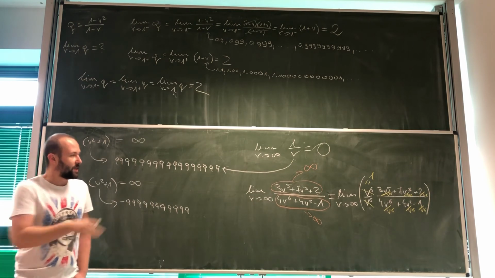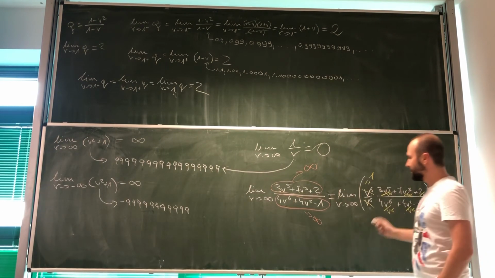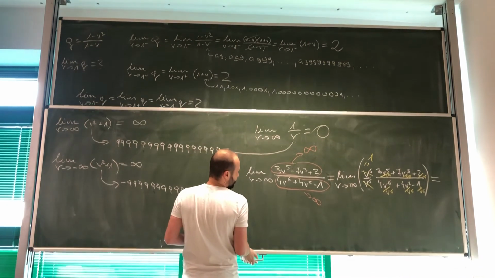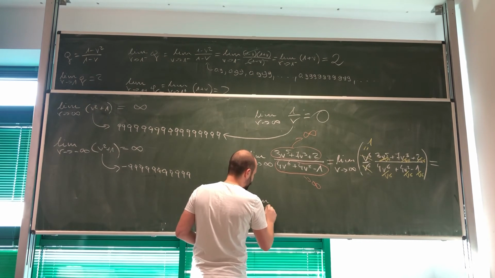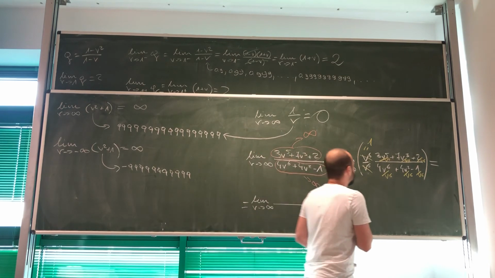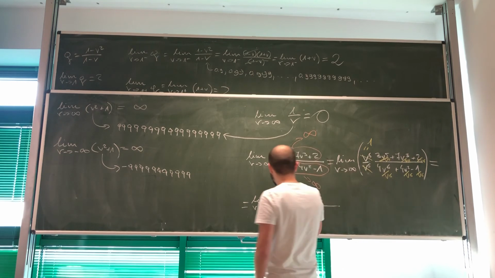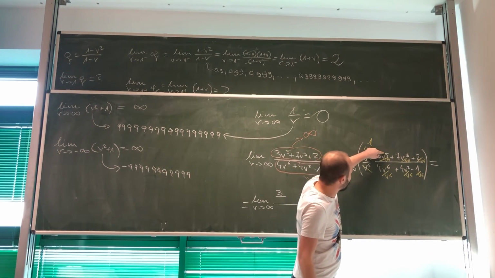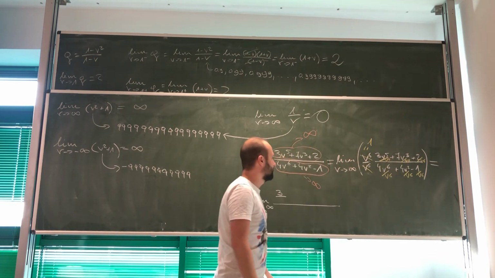Okay, so now let's see how this expression is going to look. We've got the limit with v approaching infinity out of 3 over, and look, v to the power of 5 divided by v to the power of 6 is equal to 1 over v.